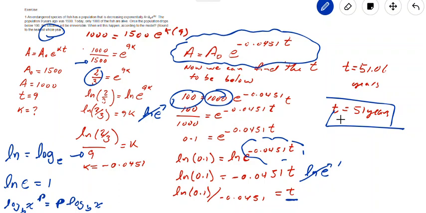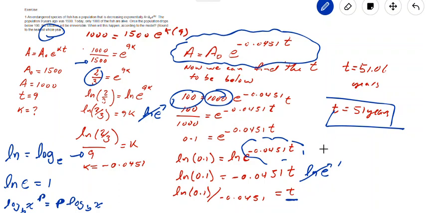And now the decay of the population is irreversible, and eventually those fish are not going to be living in the lake anymore. We're not going to find any fish, eventually. But in 51 years, following this same tendency, we're going to have just 100 fish.